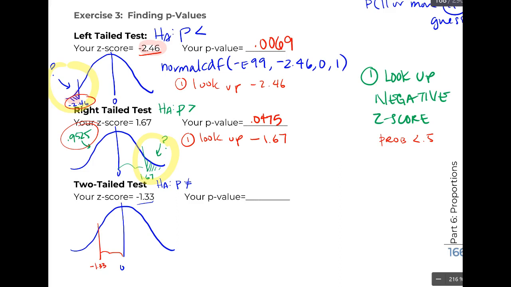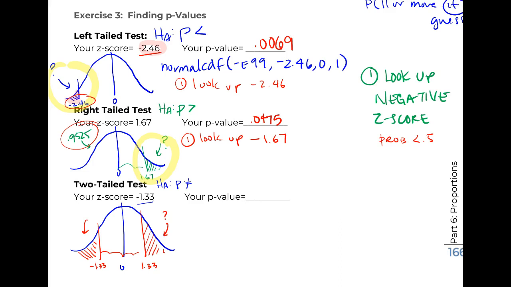And since this is a two-tailed test, I not only care about this area, I also want to go an equal amount to the right, assume that is equal, and look at that area as well. So my p-value is going to be both of these things added together.